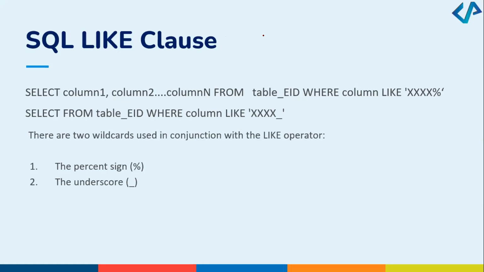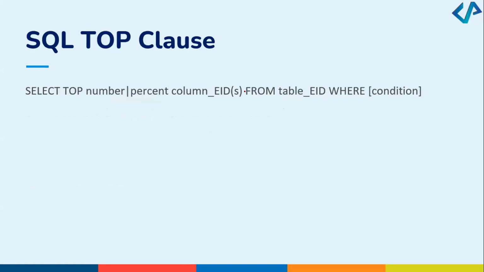So what you would do in this case, you can use the like clause by saying select star from table name, and immediately after that, you can use the like clause. So the other clauses that we have, one is where, the other is like. Then you've also got the top clause, top number, percent or column from the table where this condition. So it will give you the top values.